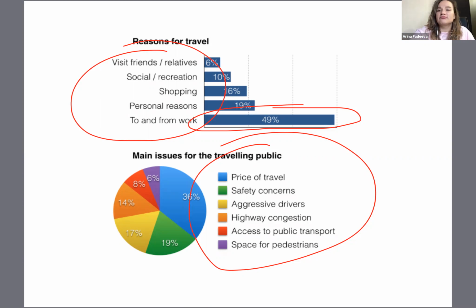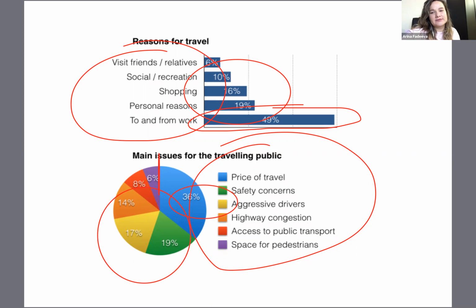Then I would say something general about these, but I would still mention all the reasons here. Then again, about the pie chart, you can definitely say something about 36%, then do something with these and something with these.